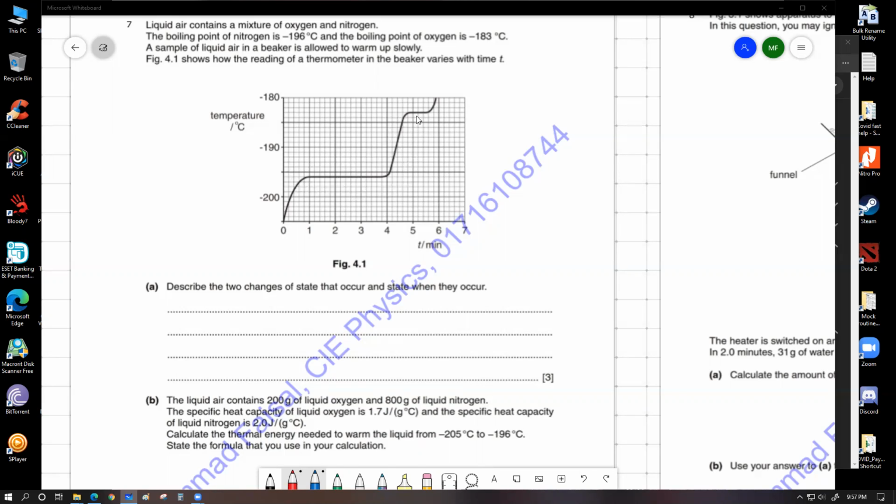In another sense, if we capture some air within, let's say, a metal container, and we start to cool it down by some cooling mechanism, and we lower the temperature of that air mixture to minus 190, not to minus 196, then obviously this is below minus 183. The moment the temperature of that mixture falls below minus 183 degrees Celsius, oxygen is going to start getting liquefied.